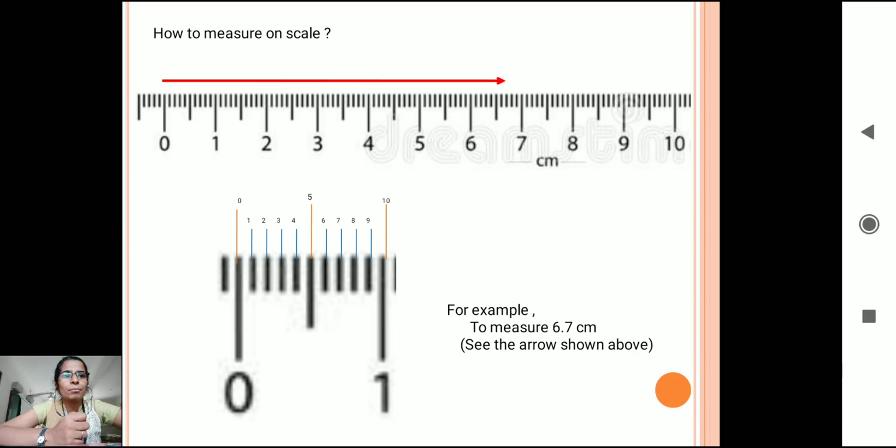Here it shows that 1 centimeter is equal to 10 units. For example, 6.7 centimeter is shown there. See the arrow above? Till 6, it is exactly 6 centimeter, and then after that, the smaller lines are counted for 0.7. Then it will be 6.7.